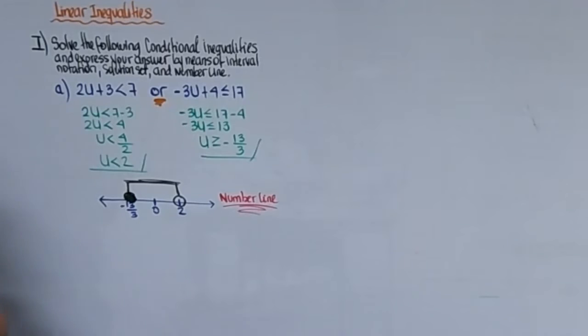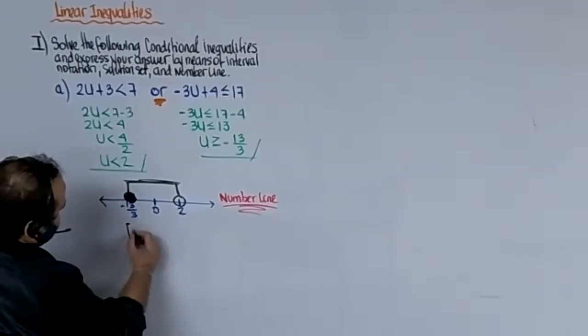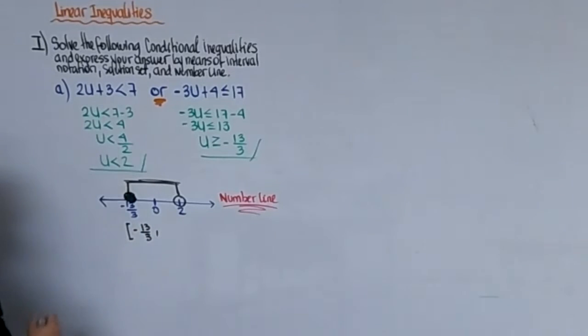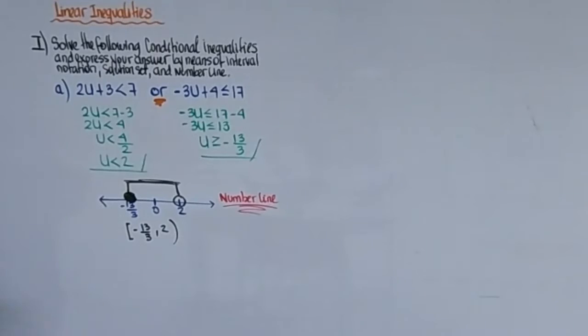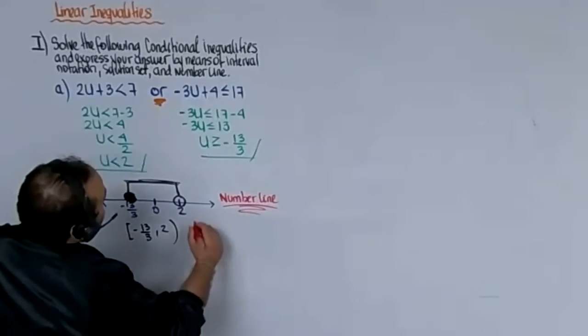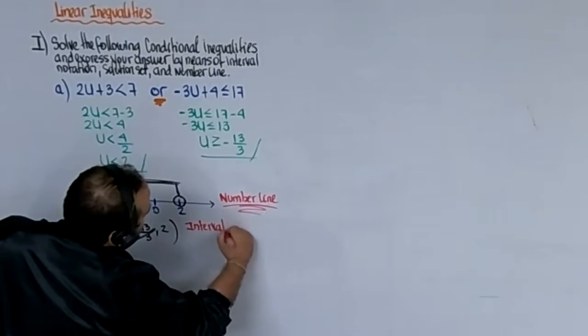For that reason, in the interval notation we have a bracket, negative 13 over 3, comma, 2, parenthesis, because in the first one we included the equal sign, and in the other one we don't. This is going to be the solution in interval notation.